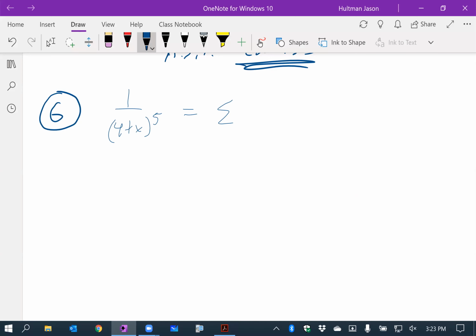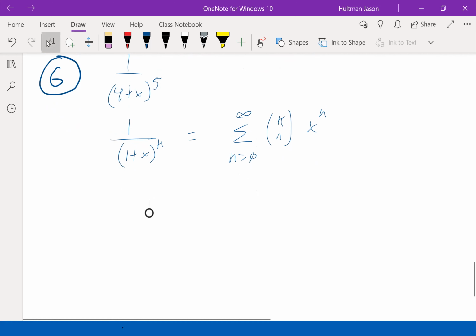Well, let's look at it this way. 1 over 1 plus x to the kth power is equal to the sum n equals 0 to infinity of k choose n, x to the n. We derived this in class. And this is k choose n, out of k choose n items, right?